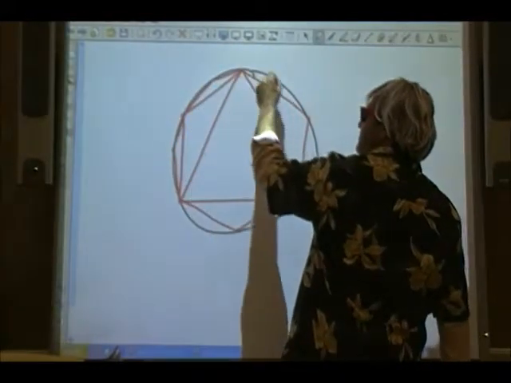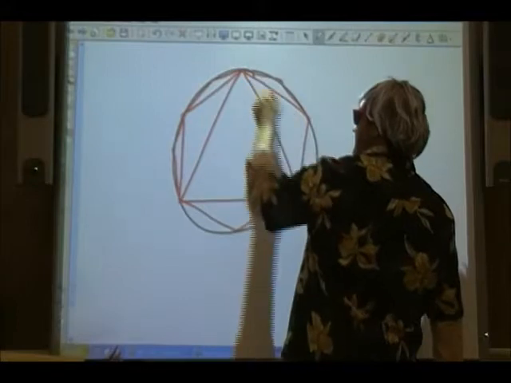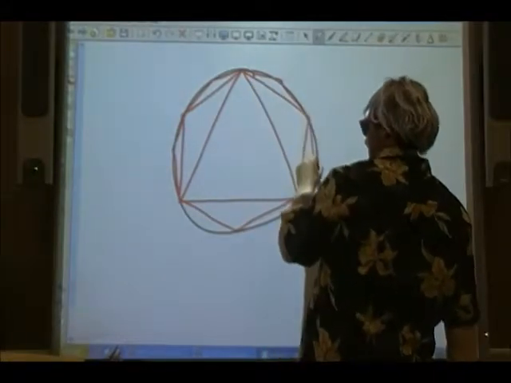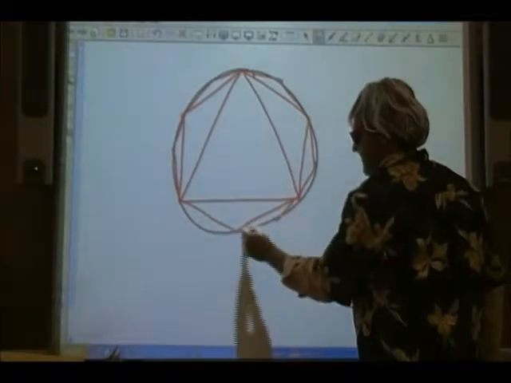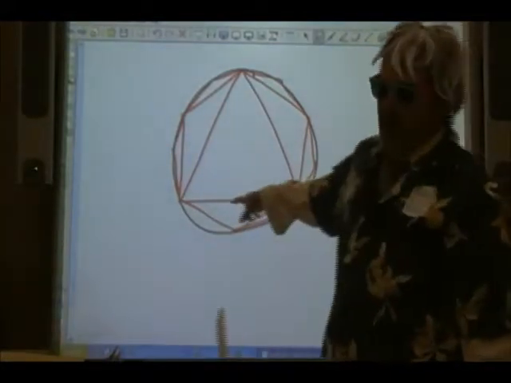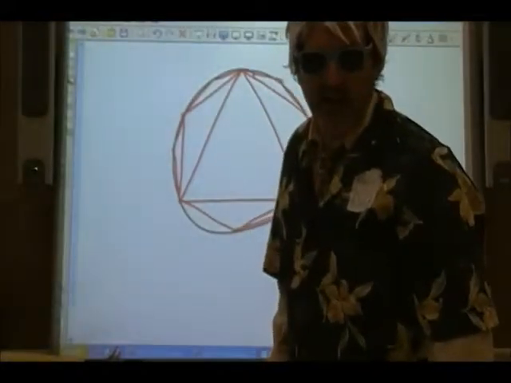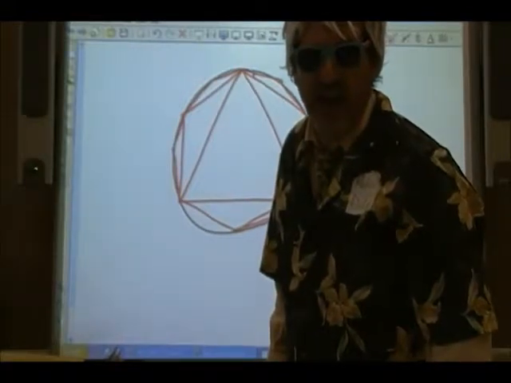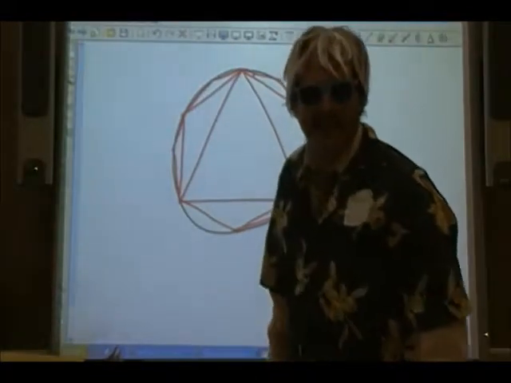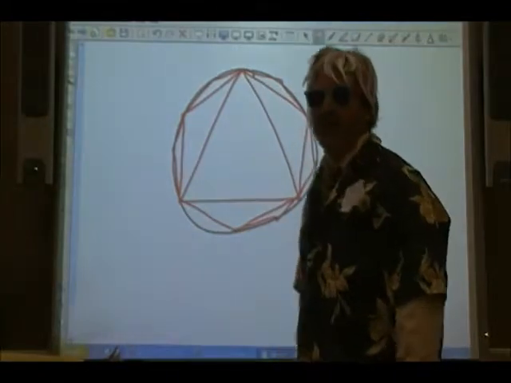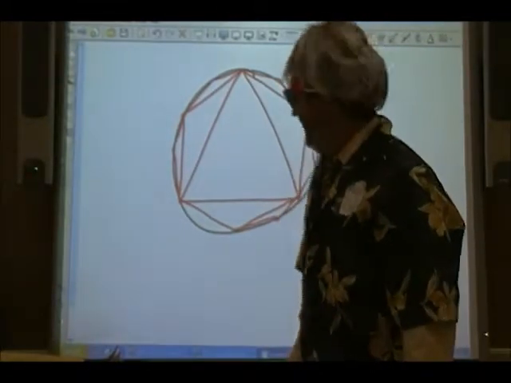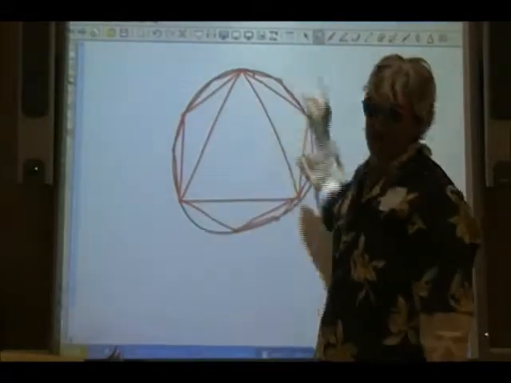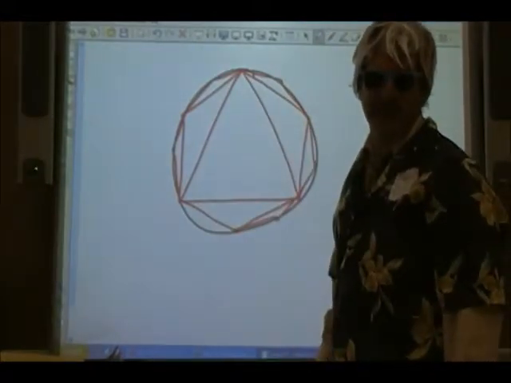He's trying to get as close to the circle as he can by using polygons. The most I think he did was 96 sides. He called this the method of exhaustion, and I think I understand why. He would do this until he got as close to the circle as he can.